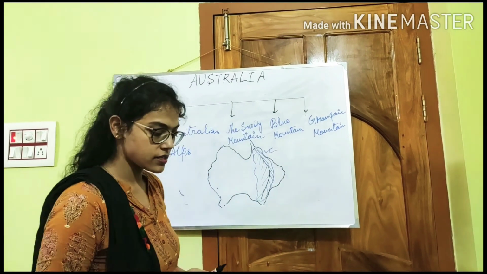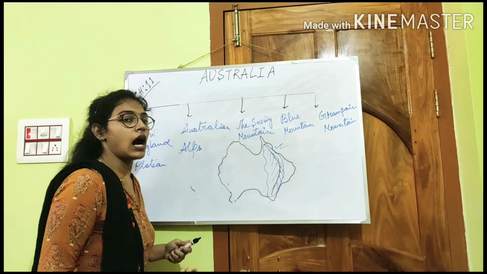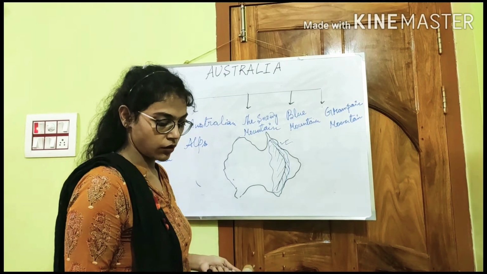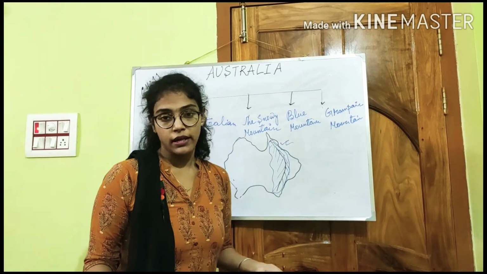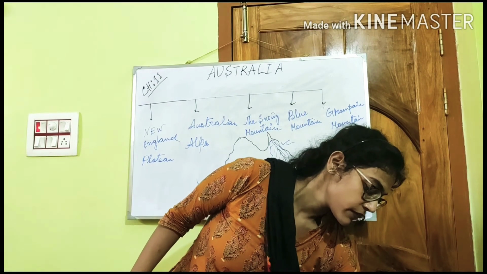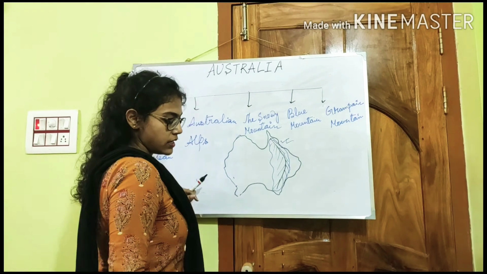This Eastern Highlands is made up through volcanic eruption, uplifting of the land, and also folding actions.